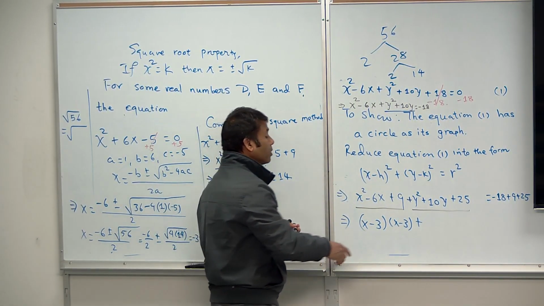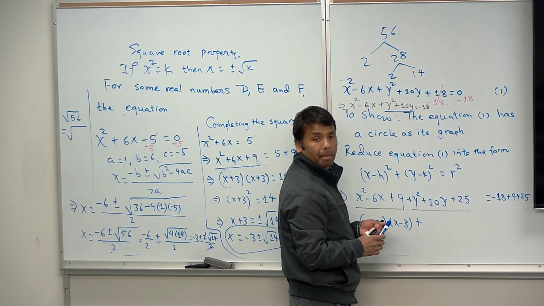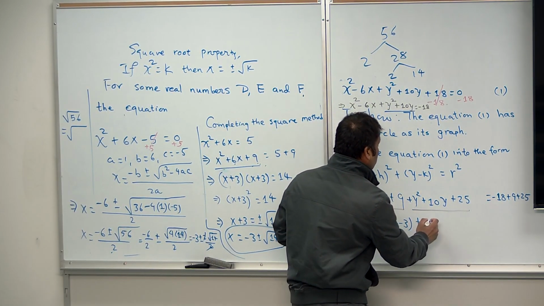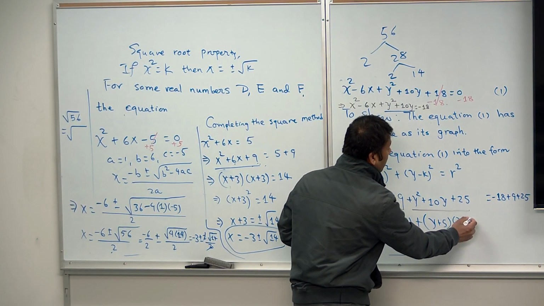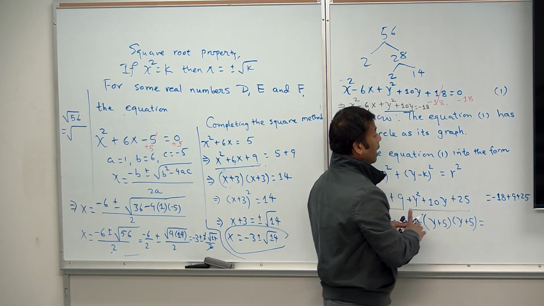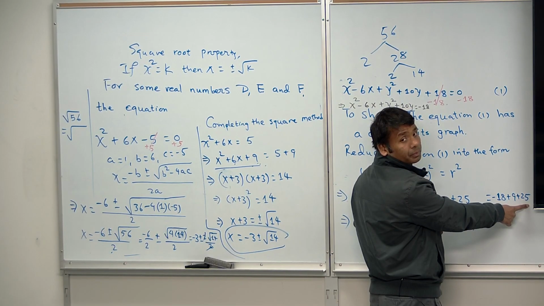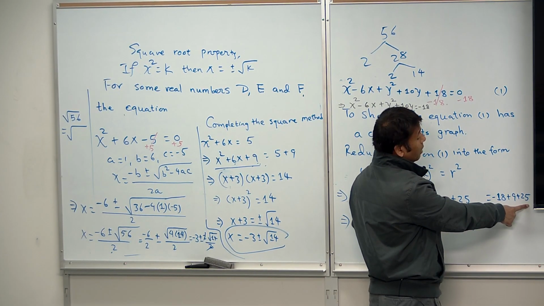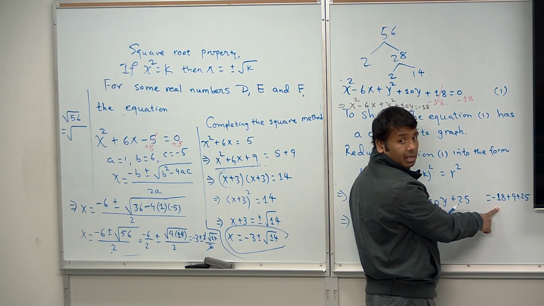What are the factors of 25 so that the sum is positive 10? 5 and 5. So you simply do y plus 5 times y plus 5 equal to, this is negative 18. So what is 9 plus 25? What is 25 plus 9? 34 minus 18?